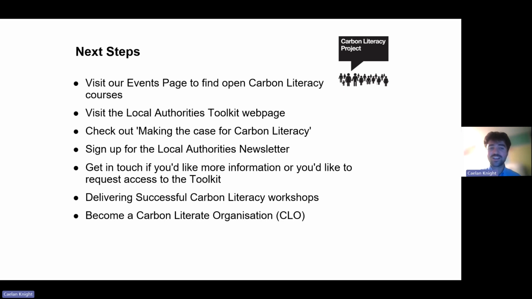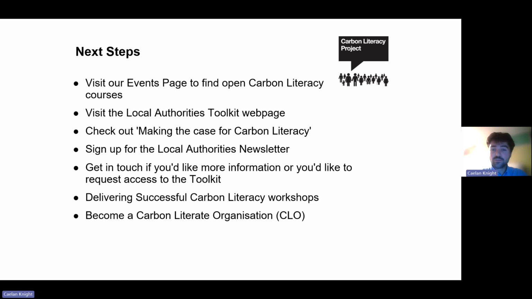If you do start to deliver internal training, we host monthly delivering successful carbon literacy workshops. These are hour-long, free of charge, and we run them over Zoom. They run through all the practical elements of actually delivering a session and a whole host of tips for how you can deliver a successful session.